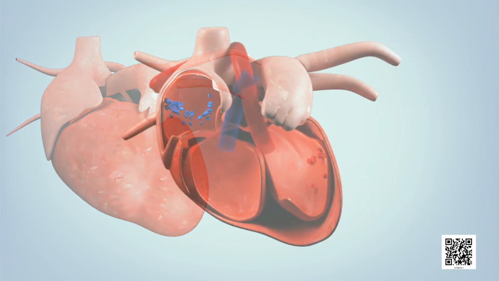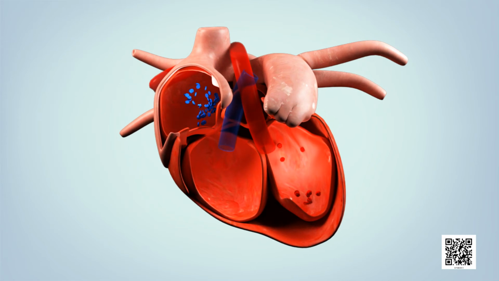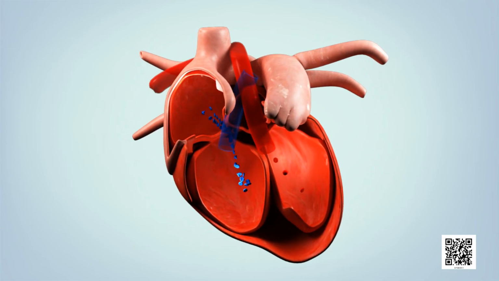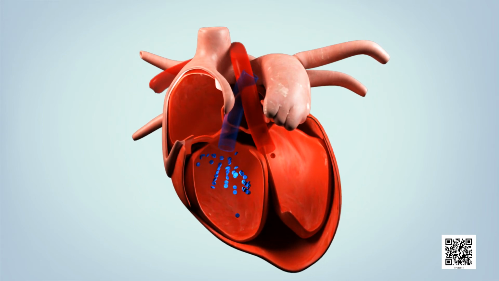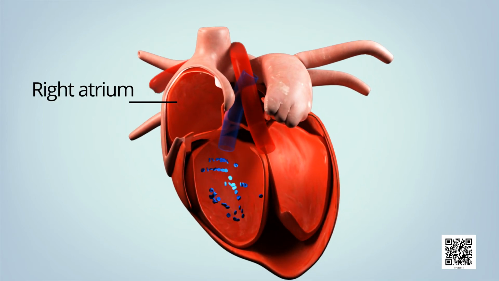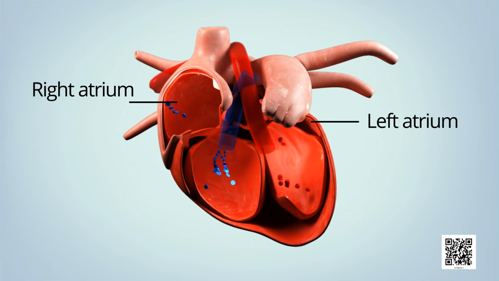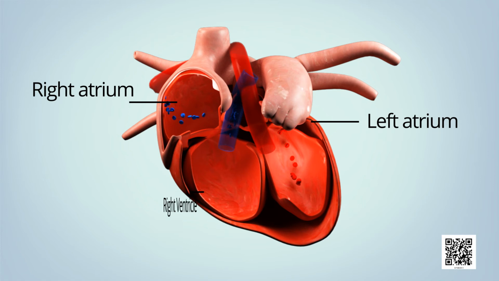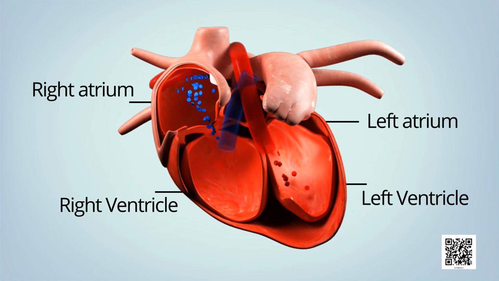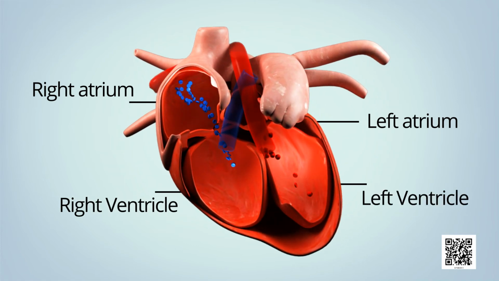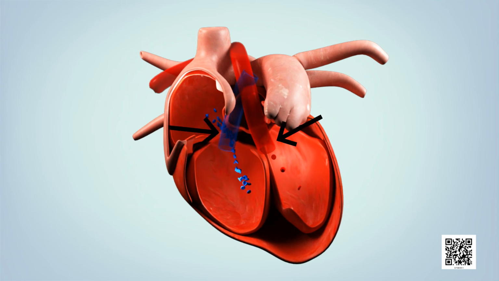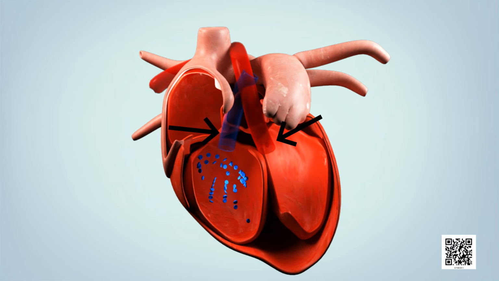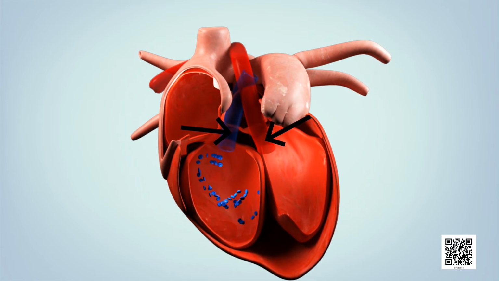Our heart is divided into 4 chambers. The upper 2 chambers are called atria, right atrium and left atrium, and the lower 2 chambers are called right and left ventricles. The valves present between atrium and ventricles stop the backflow of blood.